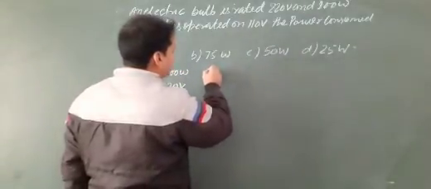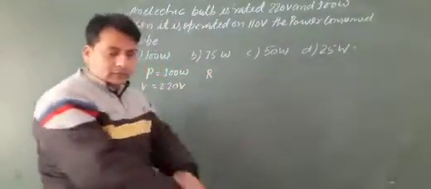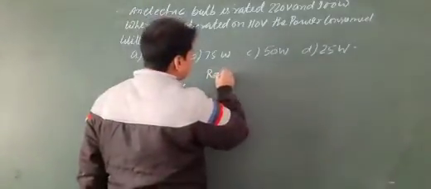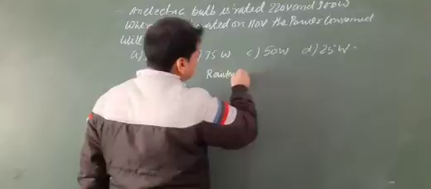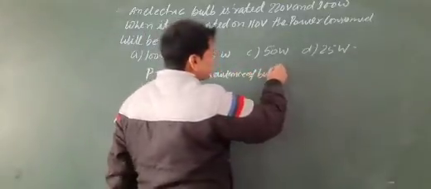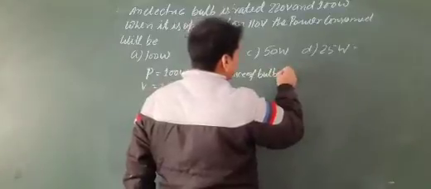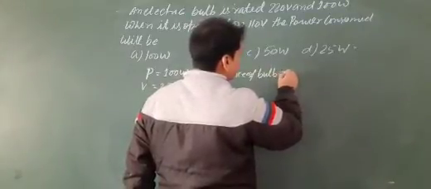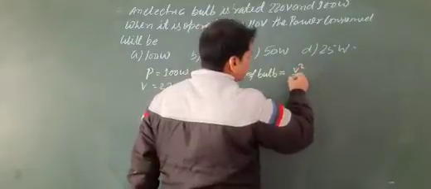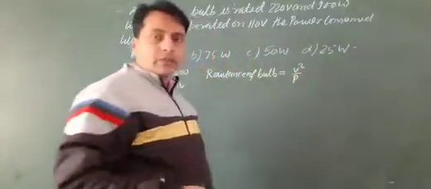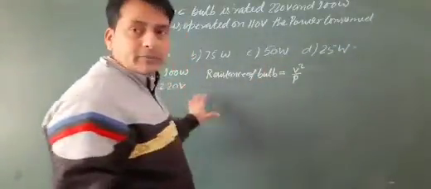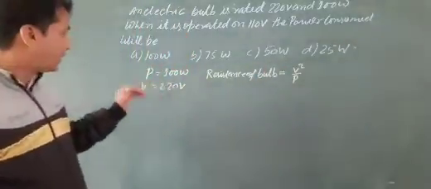So the resistance of the bulb, R equal to V square by P. The voltage is 220 volt and the power of the bulb is 100 watt.